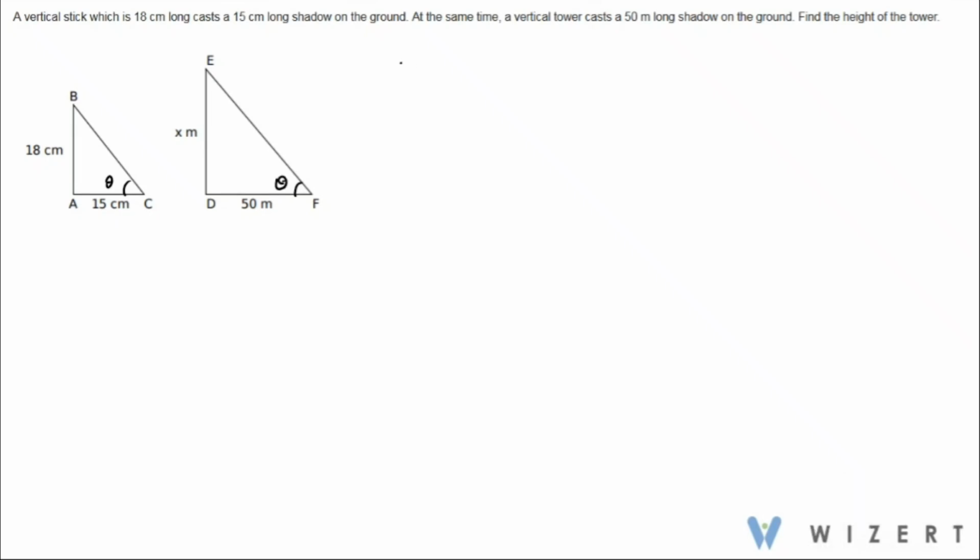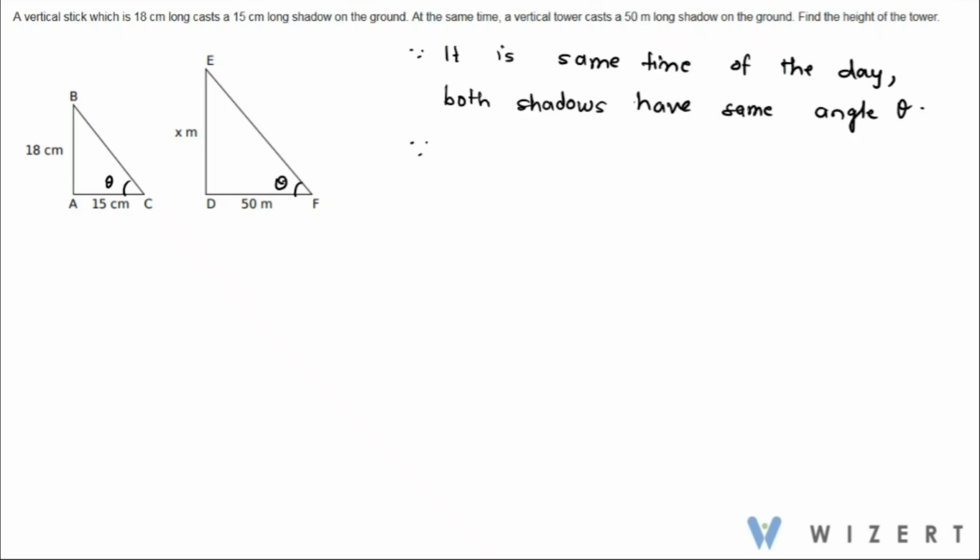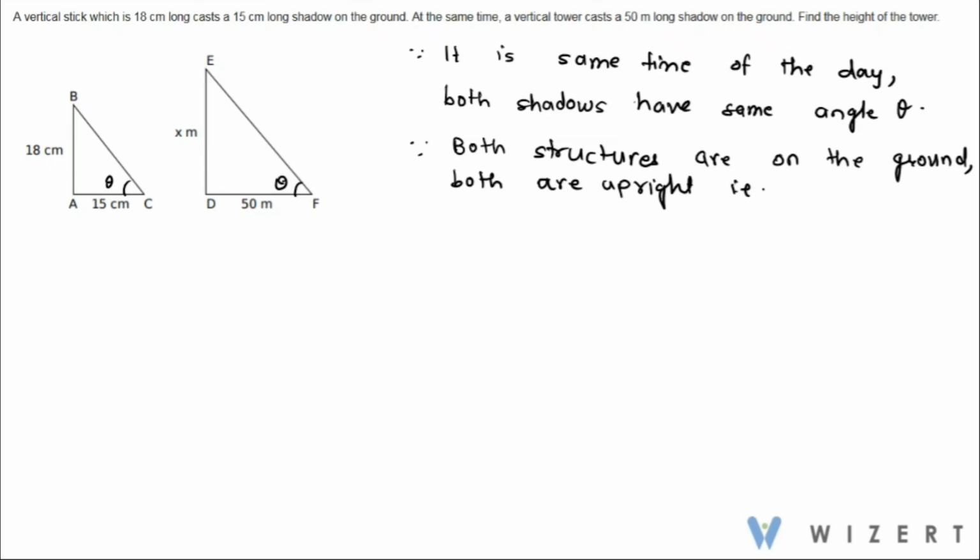We can write it like this: since it is same time of the day, both shadows have the same angle theta, and since both structures are on the ground, both are upright, that is angle A equal to angle D equal to 90 degrees.